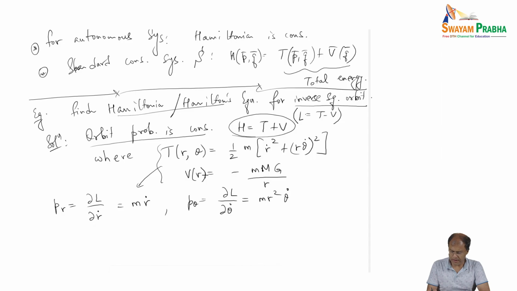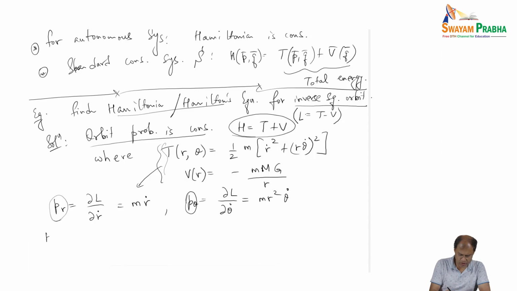Well, we already have all the expressions for kinetic and potential energy. To begin with, the Lagrangian had two variables, r and theta. We have now introduced two more variables, pr and p theta, and the Hamiltonian should have all these four variables. So eventually the Hamilton's equation should have four equations for the two generalized coordinates r and theta, right?